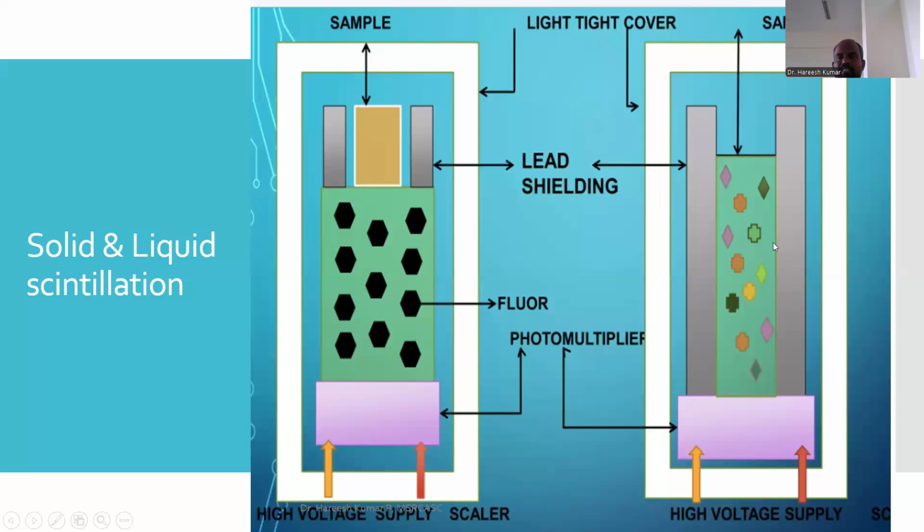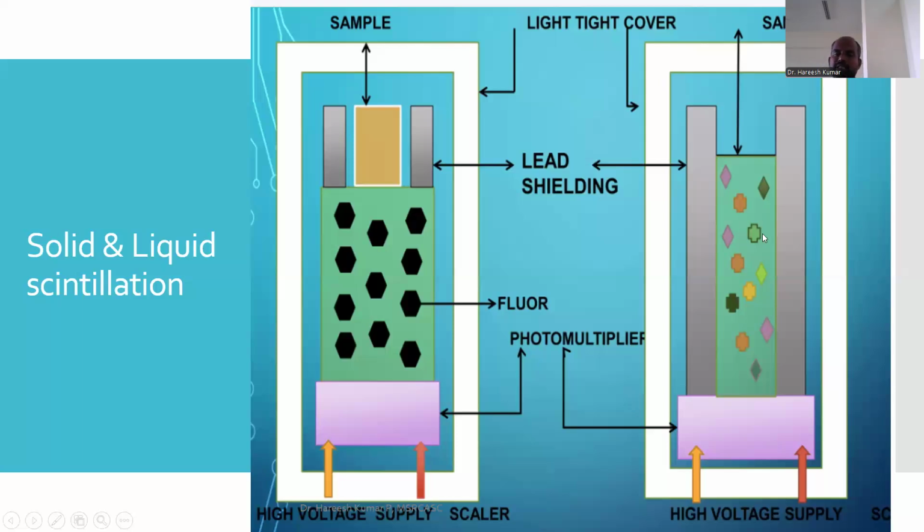Similarly, in the liquid scintillation counter, both fluor and solvent are placed in one chamber. When the radioactive element emits radiation and the radiation enters the sample, here solvent plus fluor is there. Solvent takes the radiations from the radioactive element, undergoes excitation. When it comes back, photons are released.